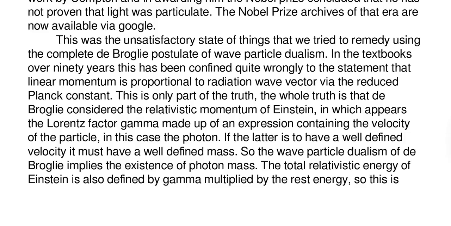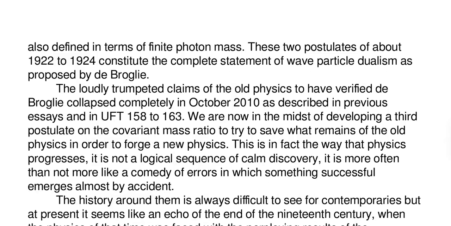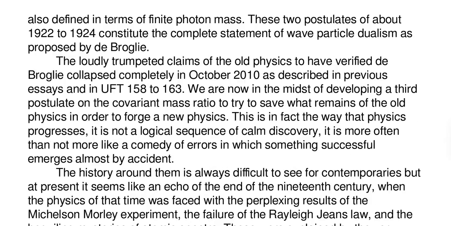The total relativistic energy of Einstein is also defined by gamma multiplied by the rest energy, so this is also defined in terms of finite photon mass. These two postulates of about 1922 to 1924 constitute the complete statement of wave-particle dualism as proposed by de Broglie.